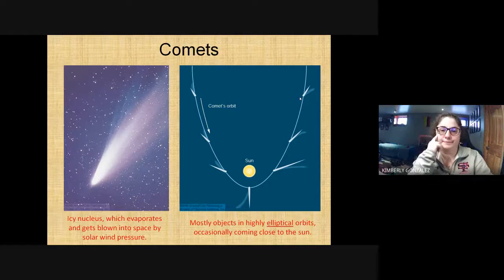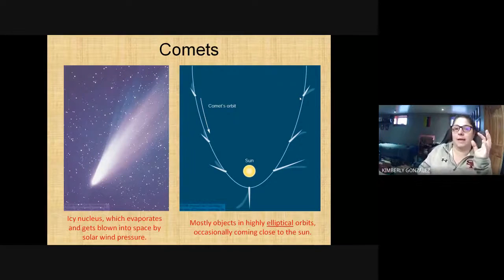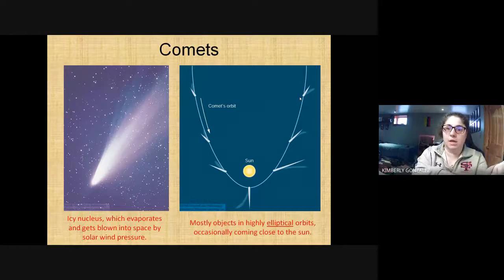You think it's important? So when it goes in its orbit, the nucleus or the head will always face towards the sun. And if you think about it, it makes sense, because as the head evaporates, it creates the tail. So if the head is pointing any which way but towards the sun, then the tail isn't going to form correctly.